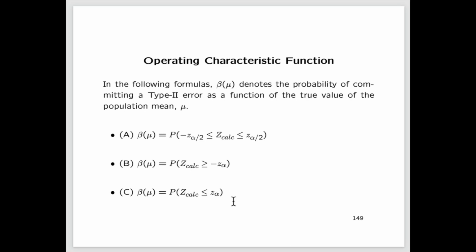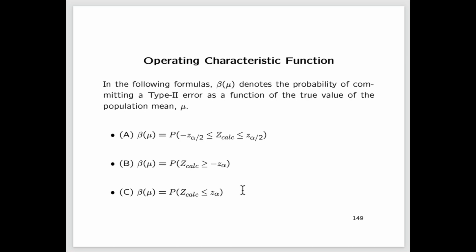And then finally, for a right-tailed test, you'll recall that we're going to reject for large values of our test statistic. In particular, if z-calc is greater than positive z sub alpha. And so we would fail to reject the null hypothesis if z-calc is less than or equal to z sub alpha.